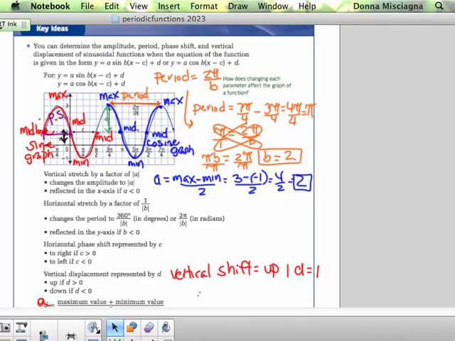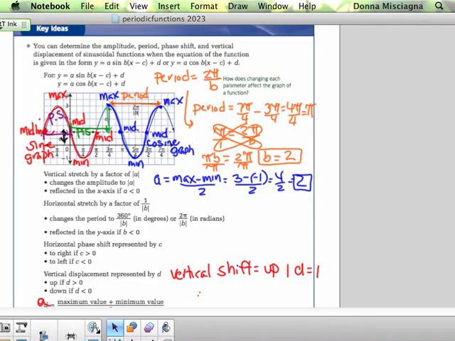I guess I have to use green. For the other graph, that is the phase shift. All right, so the sine graph is the blue, it's been shifted to the left. The cosine graph is the green. It's been shifted to the right.